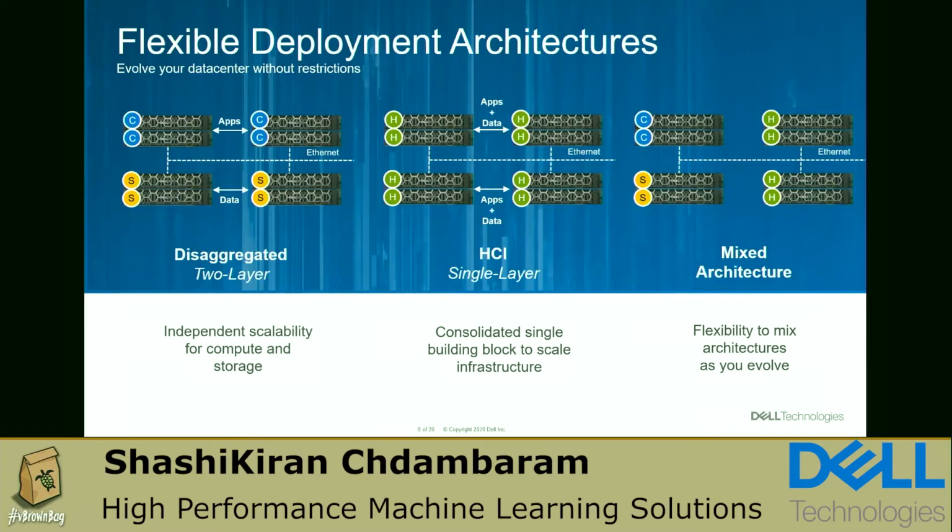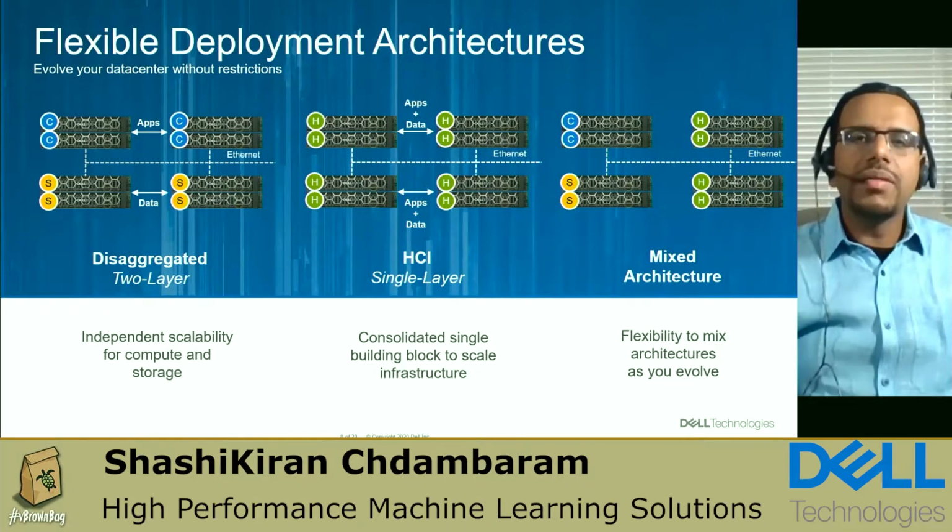A lot of customers start with a hyperconverged configuration for some specific use cases, and based on the need, you can add only compute resources in a 2-layered architecture. So as you can see, PowerFlex can provide all these different deployment models based on your need with the same infrastructure.